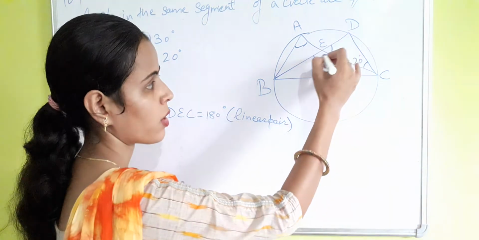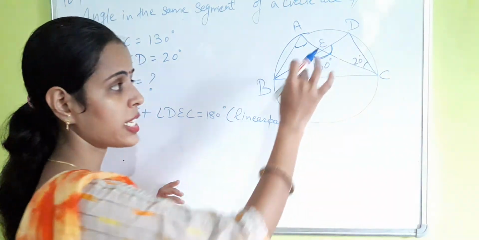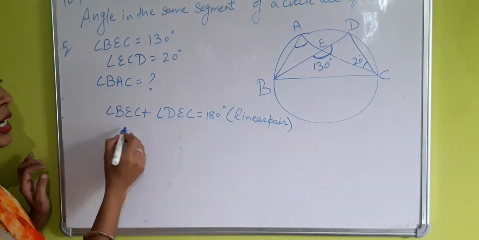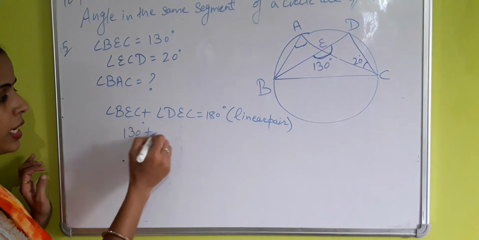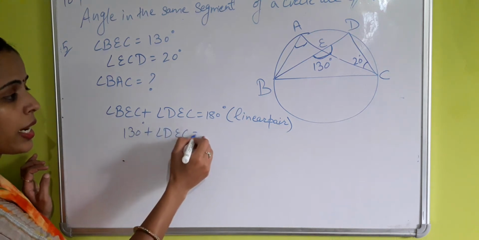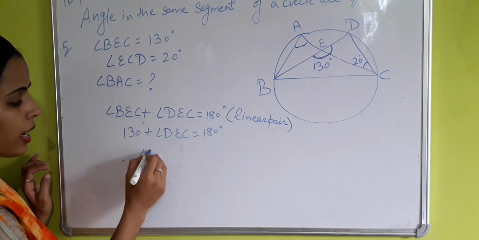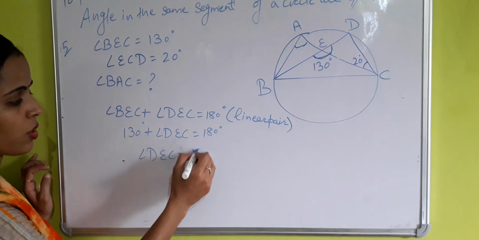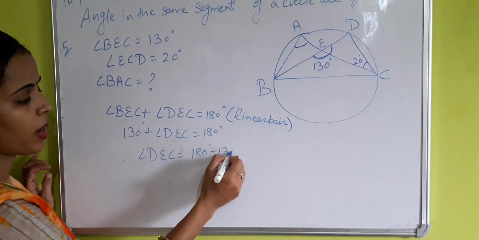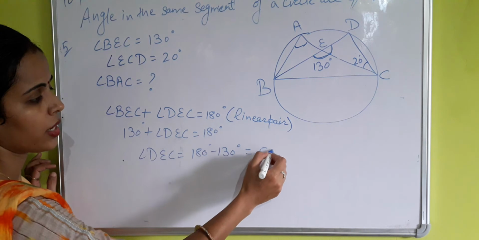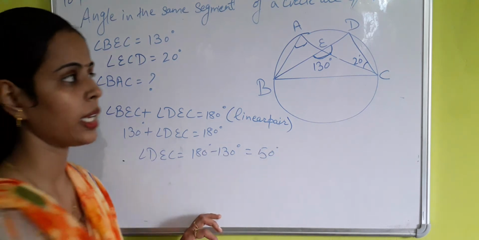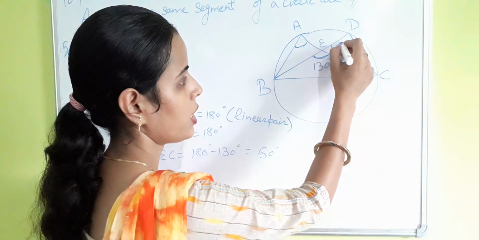These two angles are 180 degrees. If BEC is 130 degrees, then the value of this angle DEC is equal to 180 minus 130, which equals 50 degrees. This angle is 50 degrees.